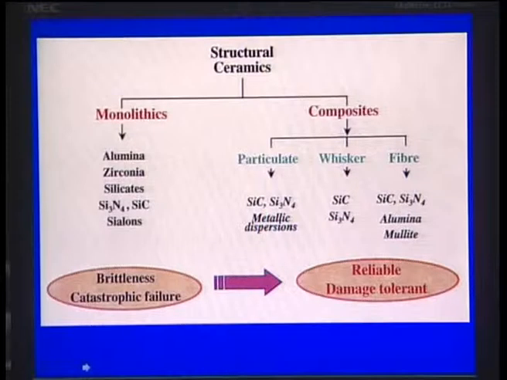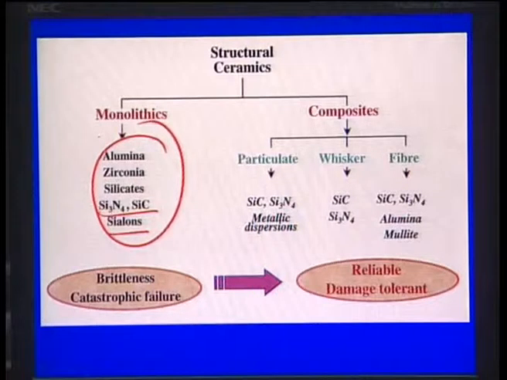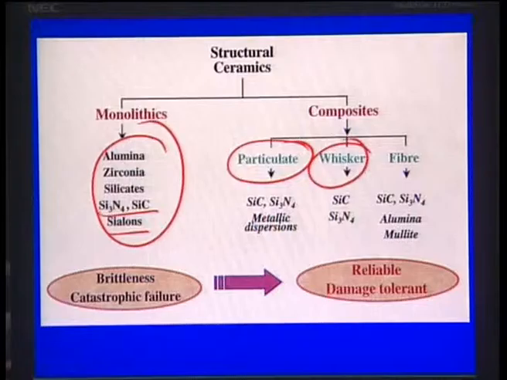And traditionally, structural ceramics are classified as monolithics and composite materials. Monoliths means alumina, zirconia, silicates, silicon nitride, silicon carbide and sialones. Composite means particulate reinforced composites, whisker reinforced composites and fiber reinforced composites.